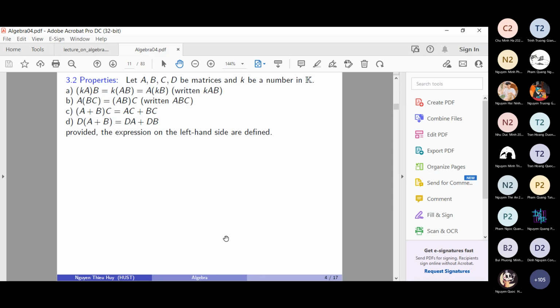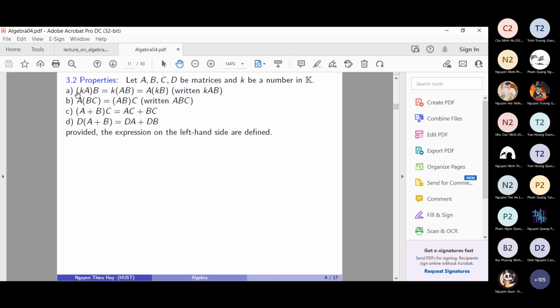So suppose that we have A, B, C, D. They are matrices such that A, B, C can be multiplied. And K are numbers. So think of K as a set of real numbers, so that you don't need to worry about K anymore. Because most of the time we are working with real numbers.